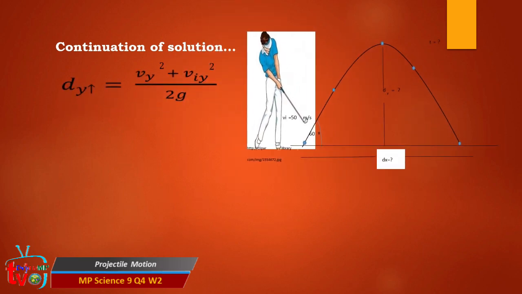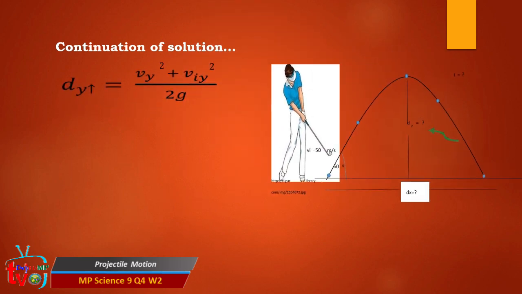And for the last problem, we are now going to take a look into the maximum height reached by the ball using the formula d sub y is equal to v sub y plus v sub iy raised to the second power all over 2g.